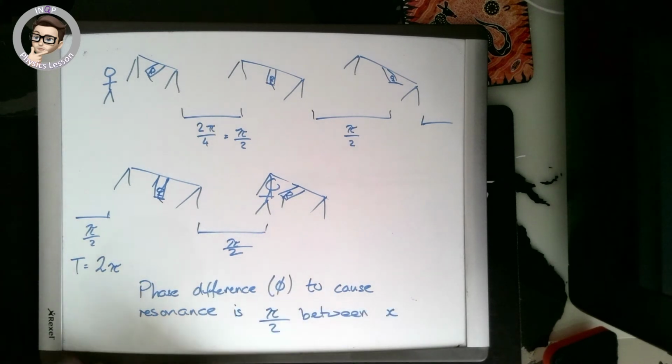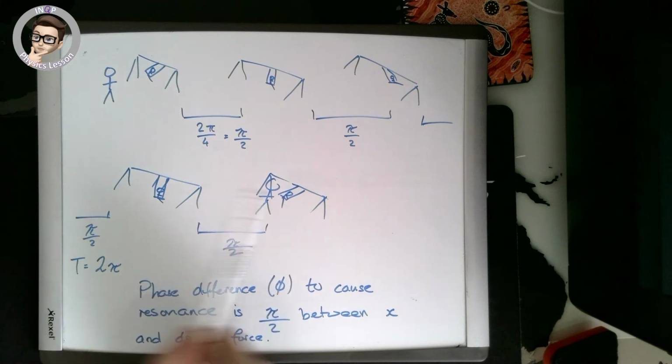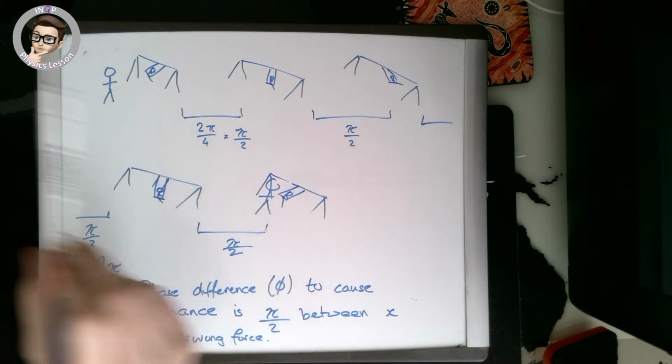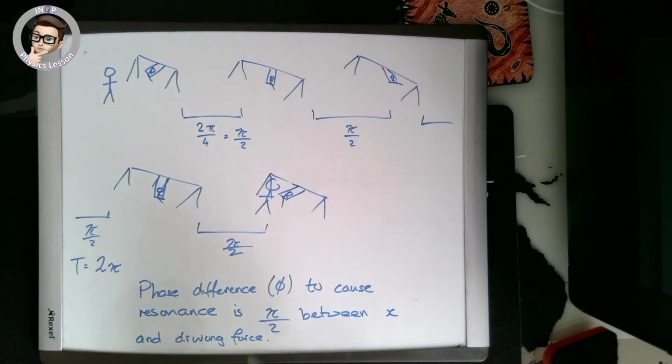So remember, x is displacement and the driving force. So you have to have that phase difference between the point where you're pushing and the point where you're pushing again, and the displacement, in order to have that resonance taking place.